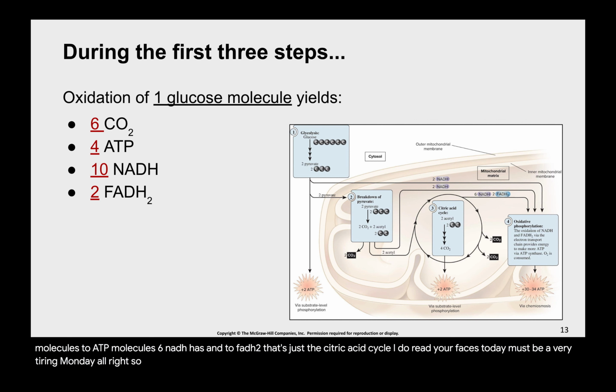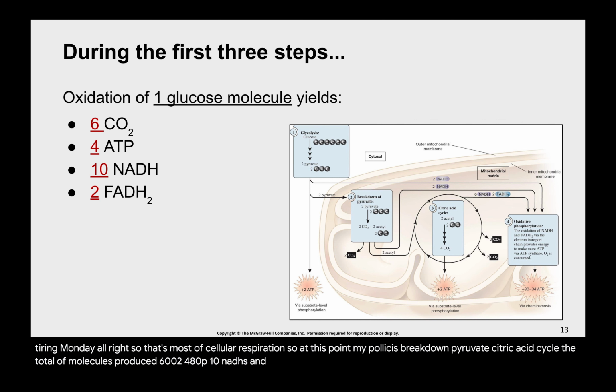All right, so that's most of cellular respiration. At this point, with glycolysis, breakdown of pyruvate, and the citric acid cycle, the total molecules produced are 6 CO2, 4 ATP, 10 NADH, and 2 FADH2.